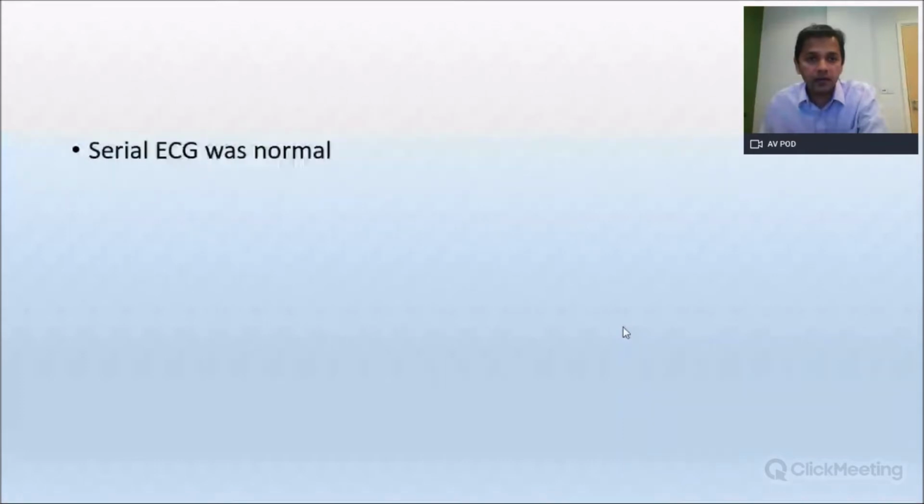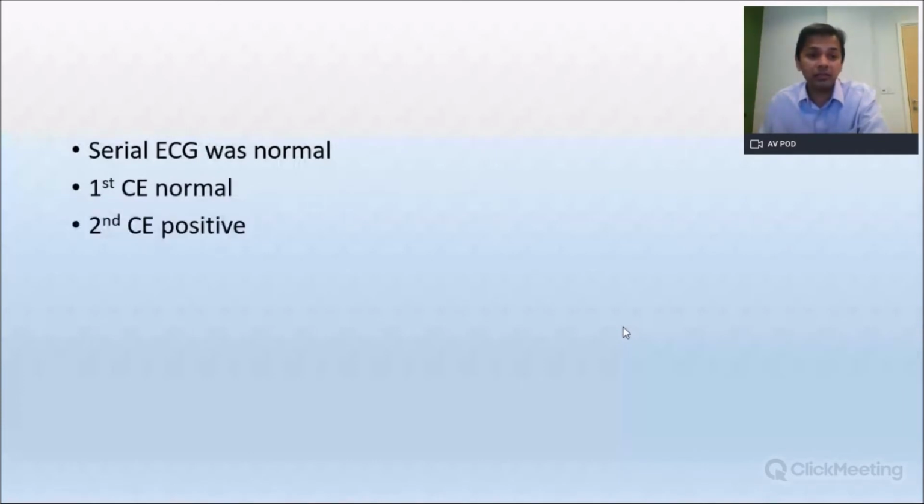So in this patient, the ECG was normal and the first cardiac enzymes were normal, but on repeating after 3 hours, the enzymes were raised. Some centers, when the ECG and cardiac enzymes are normal, sometimes discharge the patient. But in this case, after 3 hours, the enzymes were raised.